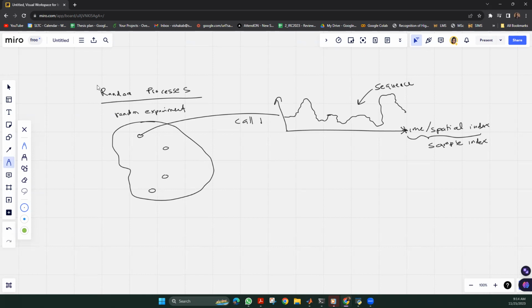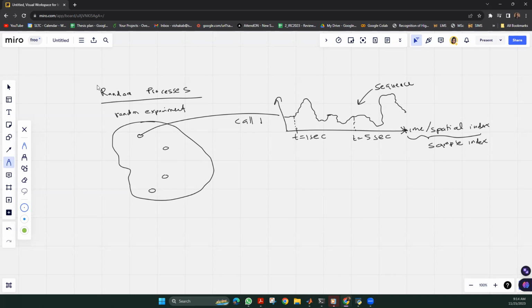If we consider the x-axis to represent the time index, we can measure the amplitude of the signal at each time. Could be time 1 second, could be time 5 seconds. So for specific time instances, we can measure the amplitude of the signal.